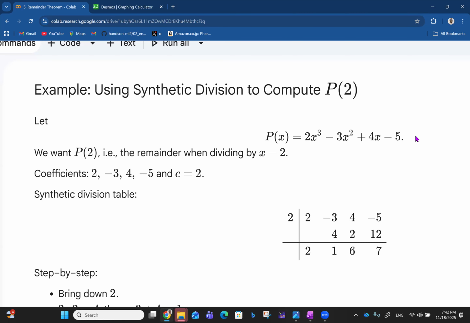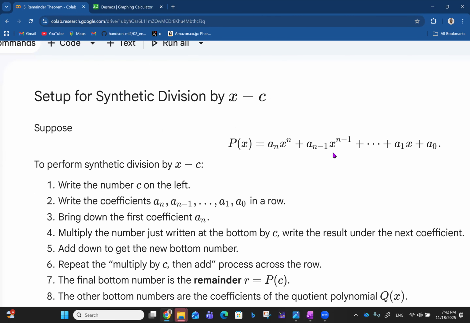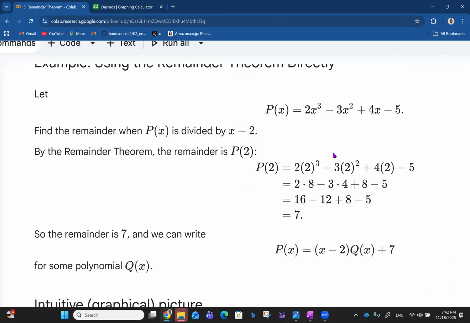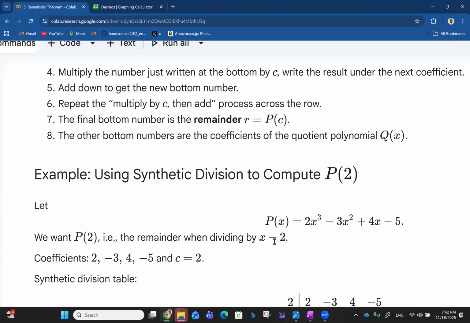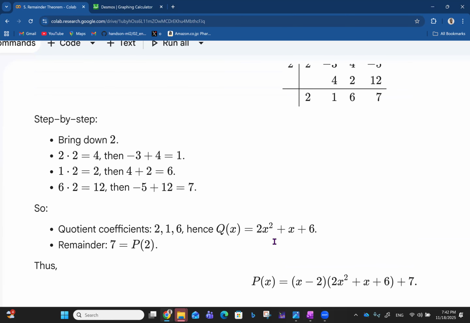So if you put 2 into that expression, you see the remainder we got was 7, as you can see. The quotient coefficients are 2, 1, and 6. This gives us the quotient.